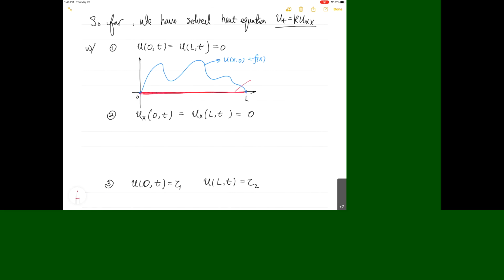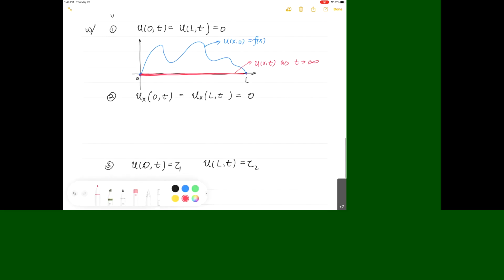This is u(x, t) as t goes to infinity. It goes to 0 everywhere because the two ends are zeros. We always exchange temperature with 0. So eventually what we get will be 0.